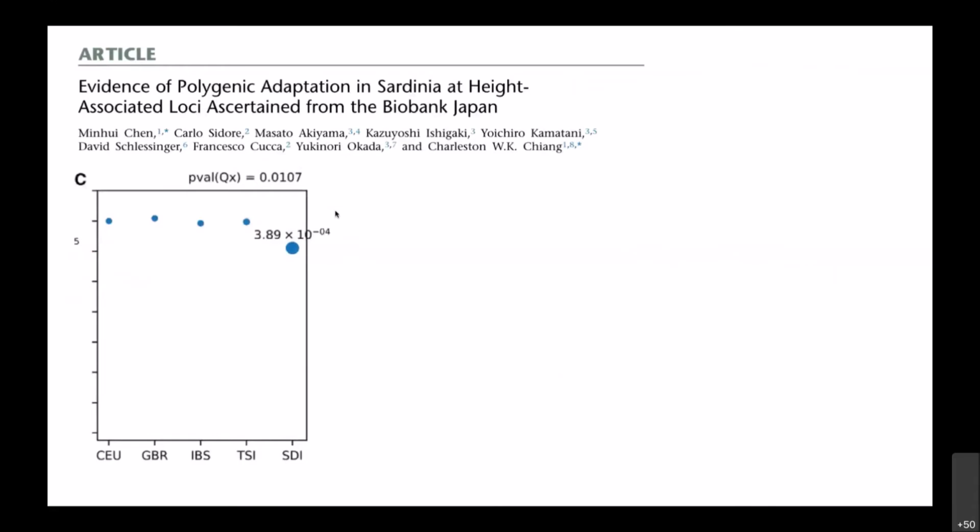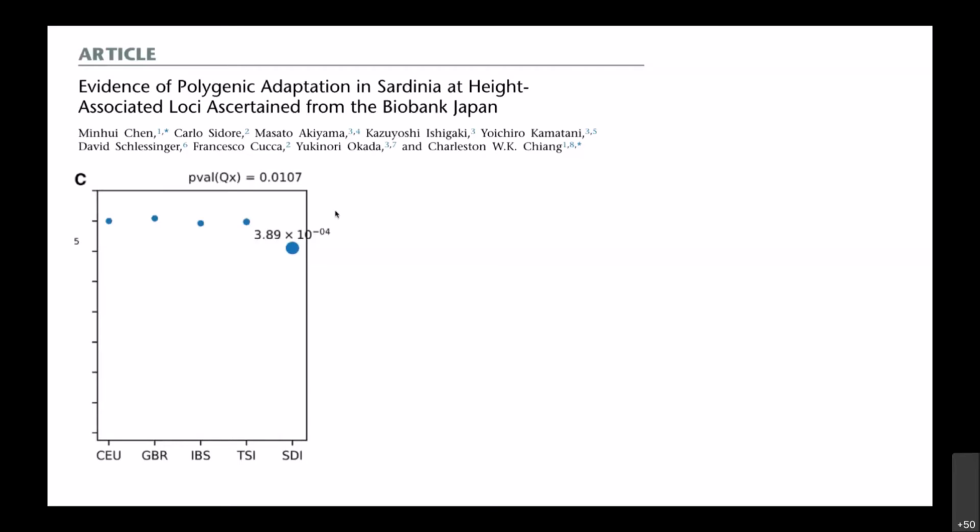In particular, they wanted to look at Sardinia, because native Sardinians are in fact significantly shorter than mainland Europeans. This was one of the first signals of polygenic adaptation that was reported, a contrast between Sardinians and mainlanders.